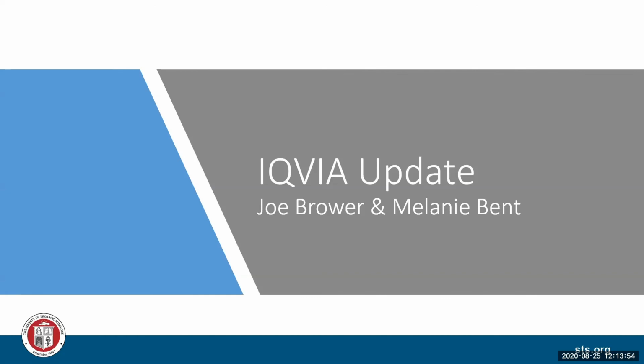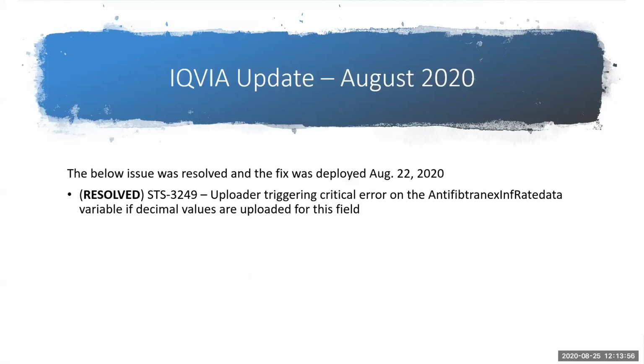Thanks, Carol. So this is Joe. I'm going to go over the updates that first occurred last weekend on the 22nd. Looking at STS 3249, the uploader was triggering a critical error on the anti-fib transexemic inf rate data variable.